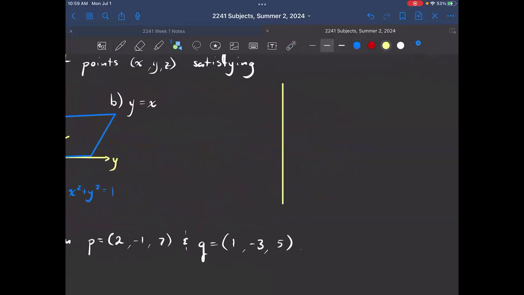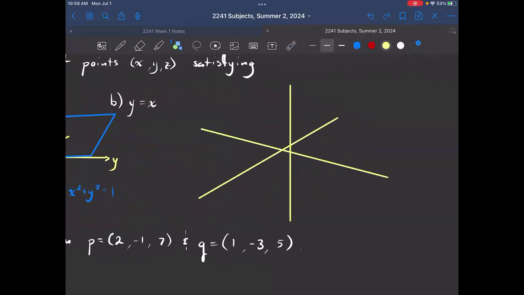Now I might have to draw this a little bit differently. Let's go ahead and use our first non-standard coordinate system. So normally I would put the x-axis here, y, and then z.